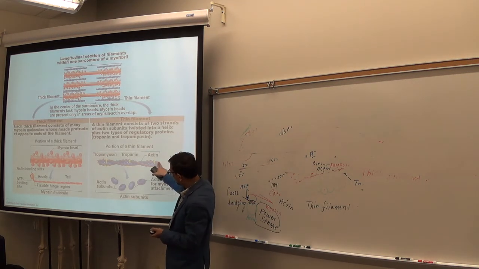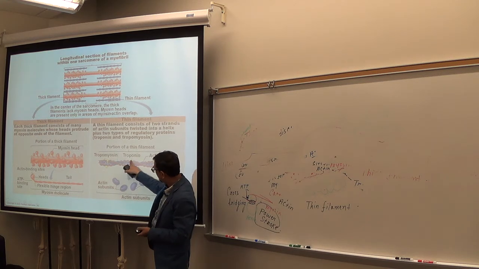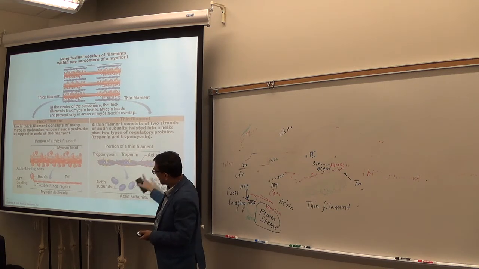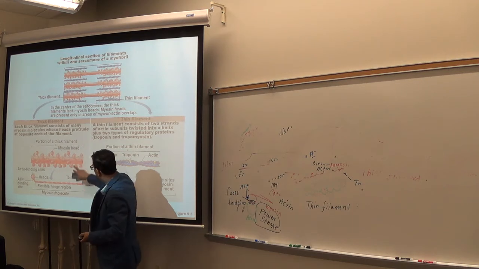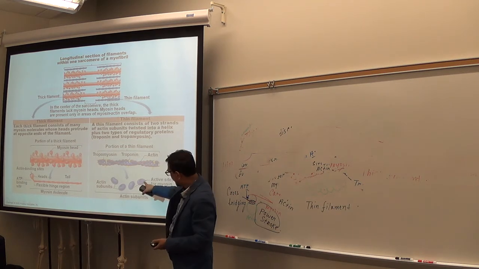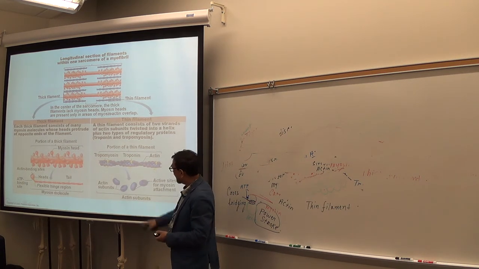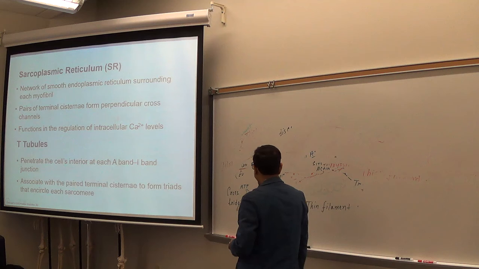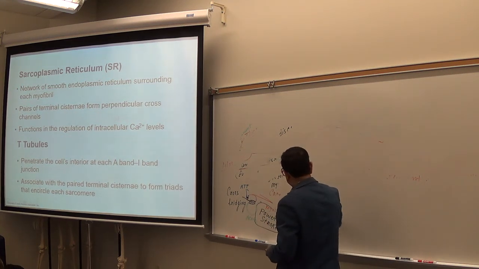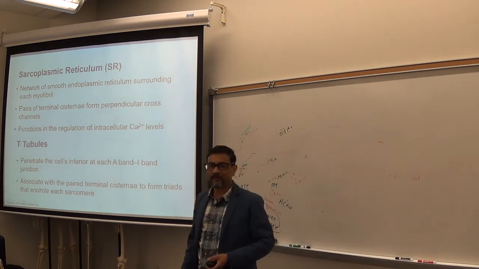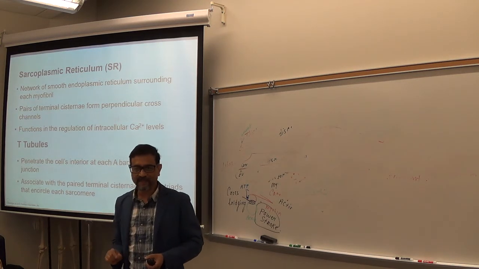You see tropomyosin, that rope, and troponins. Okay? This is the myosin, head and tail. Okay? This is the thick filament, actin ball, binding site. Okay. Now, you remember I said calcium is released, right?